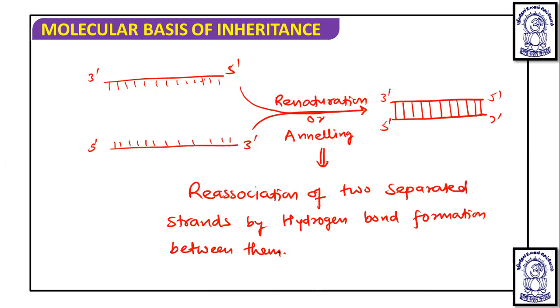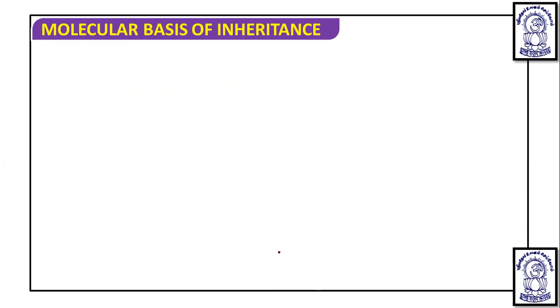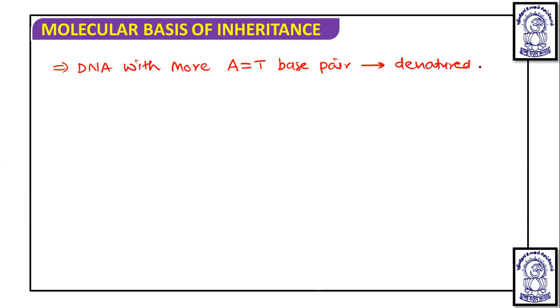So DNA with more A double bond T base pairs can be denatured more easily.